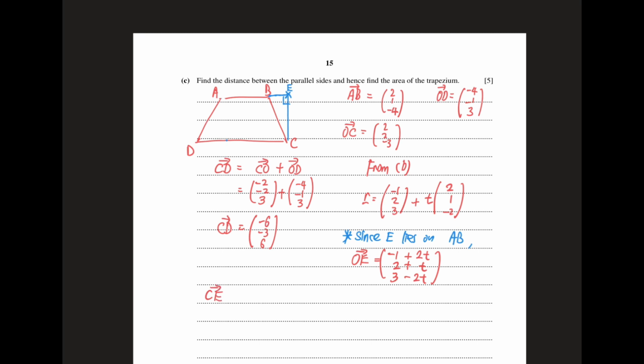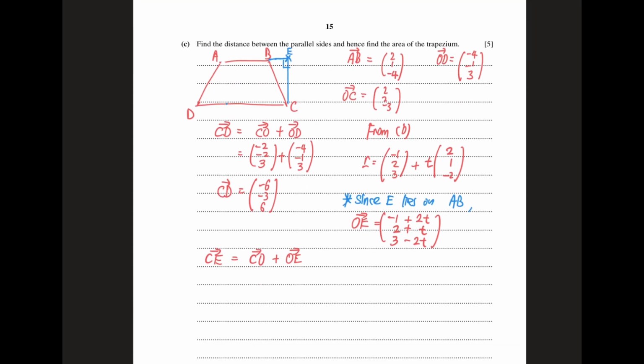CE is CO plus OE. We know CO is the opposite vector of OC, so I just put a negative sign on my OC: negative 2, and positive 3. OE will be the vector that I found just now. I just write it back.